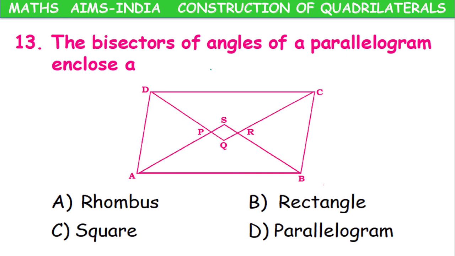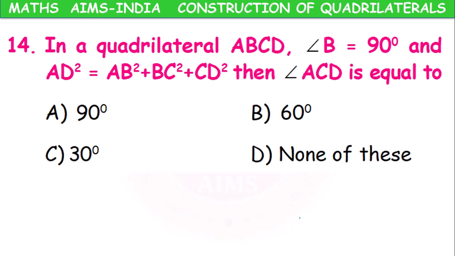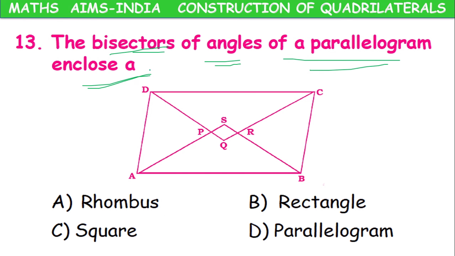Next slide. The bisectors of angles of a parallelogram enclose a rhombus, rectangle, square, or parallelogram. So here, children, the bisectors of angles of a parallelogram enclose a dash. We have to find.